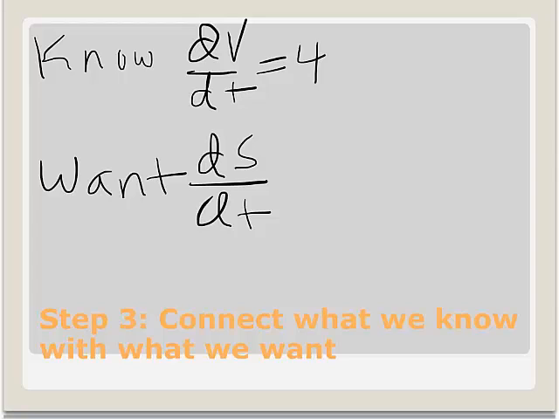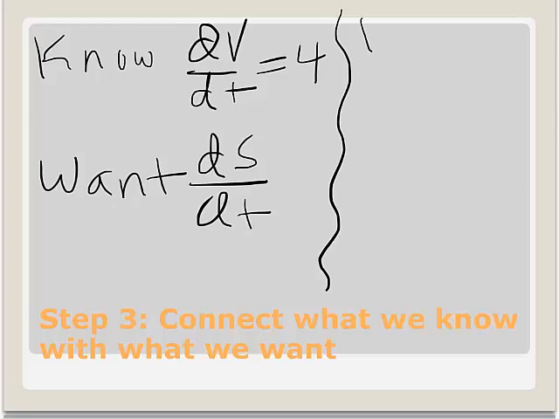So what we need to figure out is if there's some kind of formula that relates volume to surface area. And in fact, there is no such formula. But in both of the formulas for volume and surface area, they both involve the radius of the balloon. The radius of the balloon sort of indirectly relates the volume of the balloon to the surface area of the balloon.